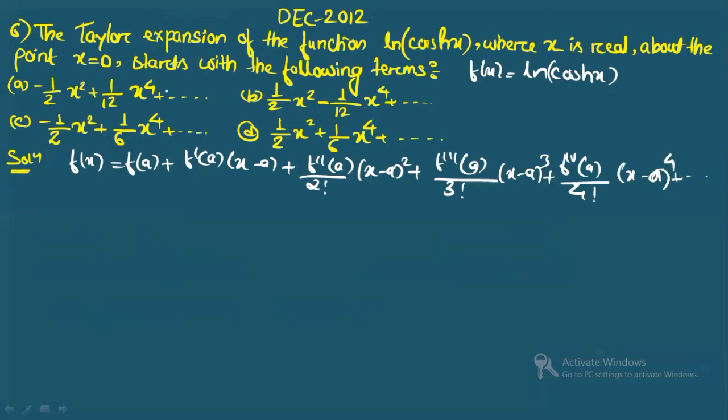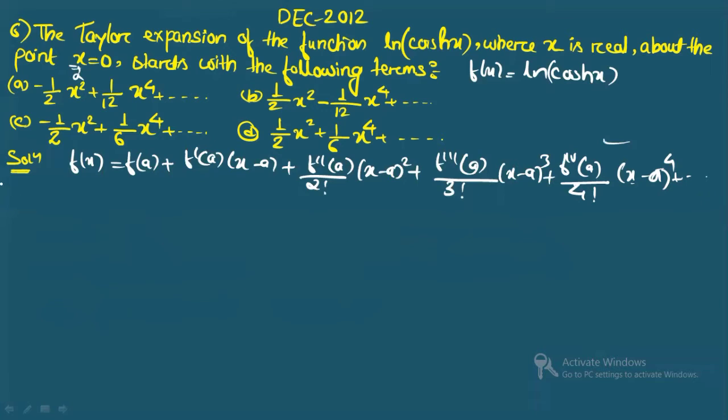I have taken up to 4 because in the options it is up to x to the power 4. Here a is equal to 0, right? So this term will be x minus 0, which gives x to the power 4. So I'm taking up to this term.